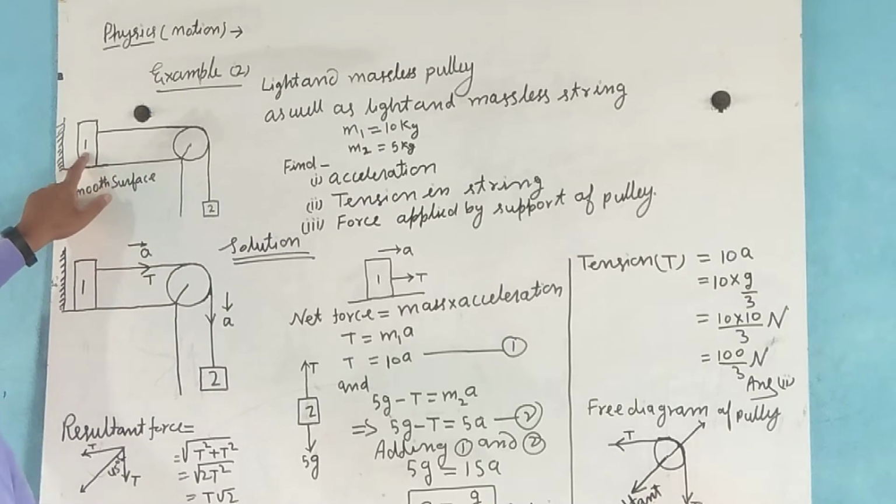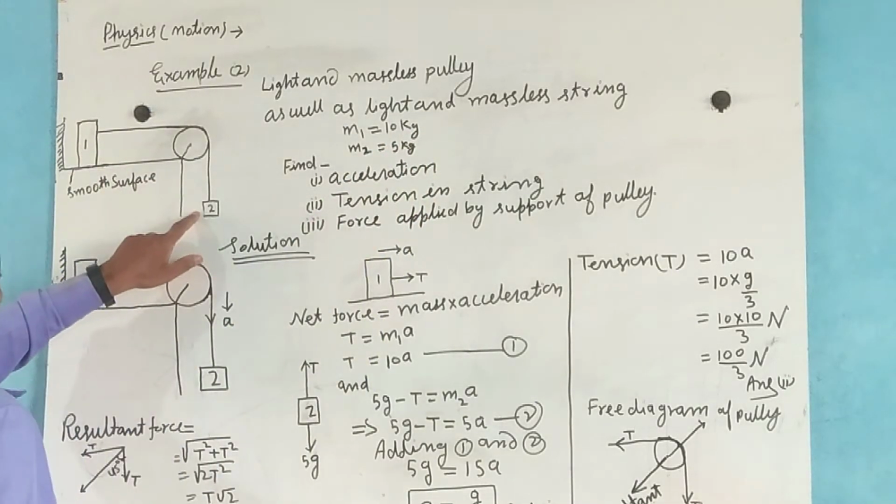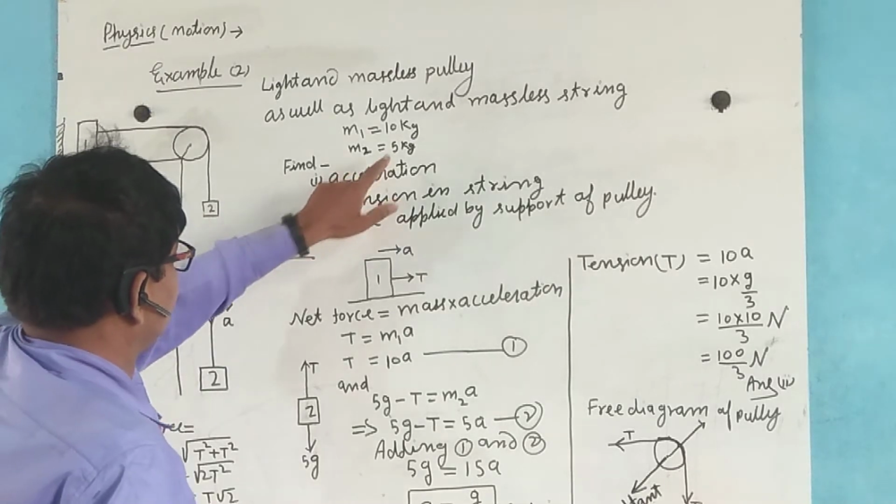अब mass m1, this is a block, m1 mass is 10 kg, and this is block 2, m2, that mass is 5 kg.